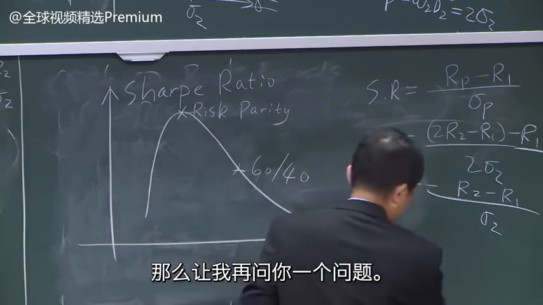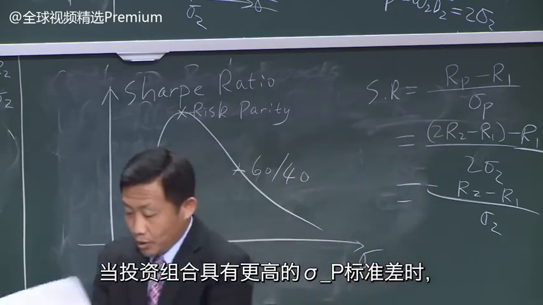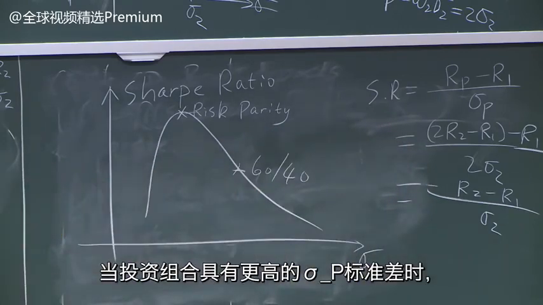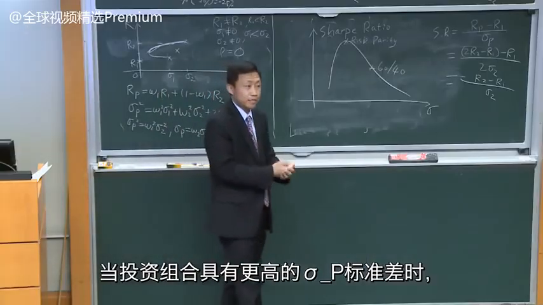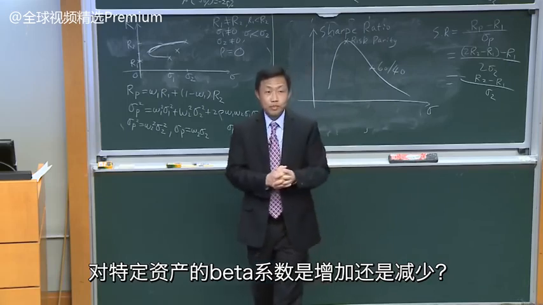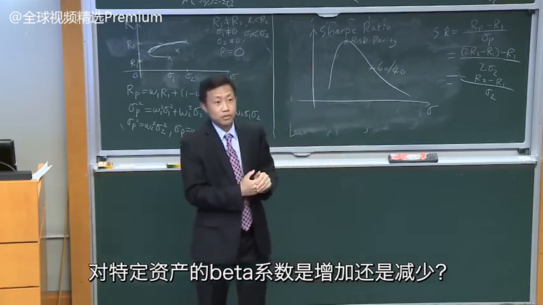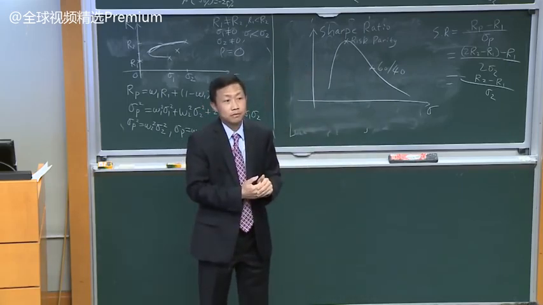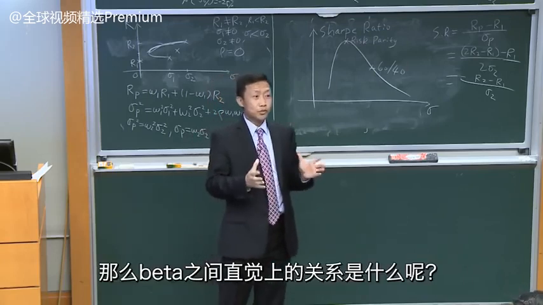So let me ask you another question. When the portfolio has higher standard deviation, sigma p, will beta to a specific asset increase or decrease? So what's the relationship intuitively?